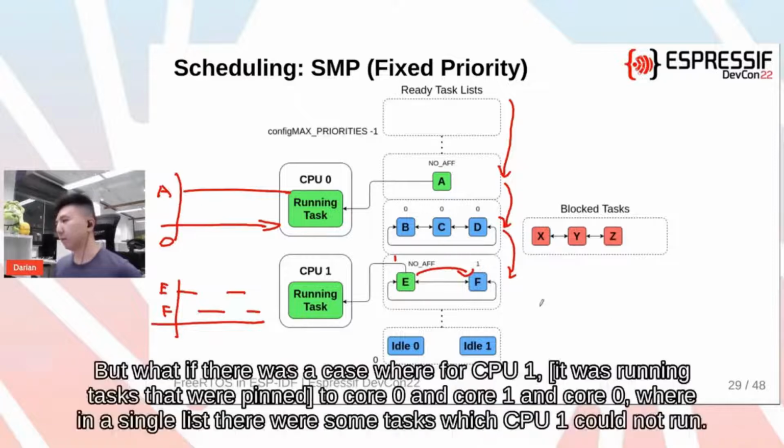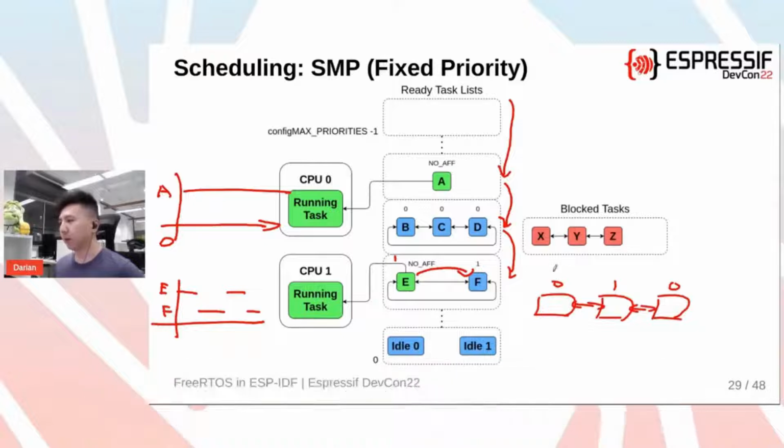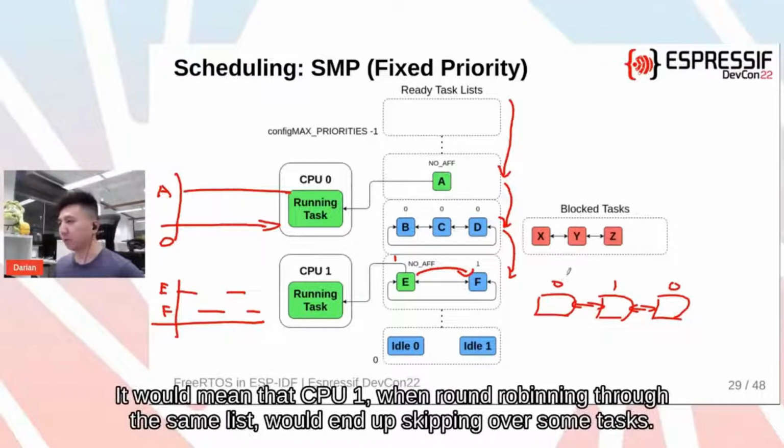But what if there was a case where, for CPU 1, within a single list, there were some tasks pinned to core 0 which CPU 1 could not run? It would mean that CPU 1, when round robining through the same list, would end up skipping over some tasks.